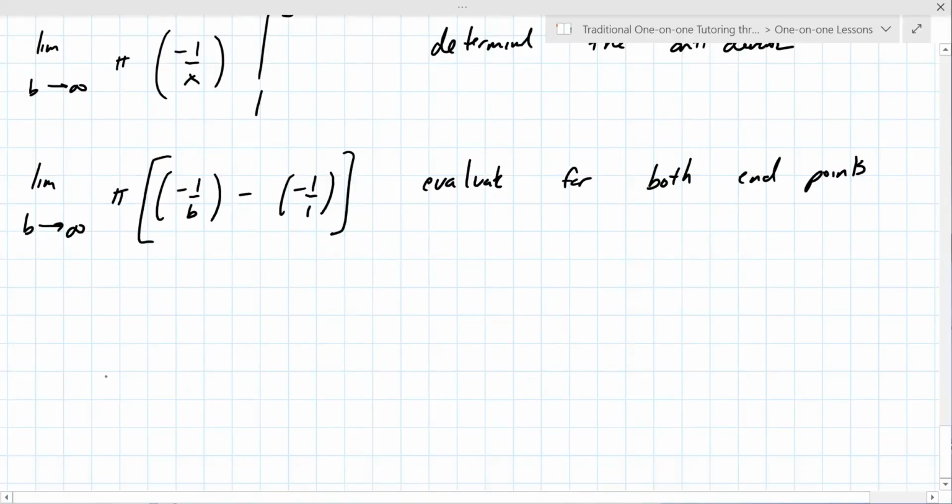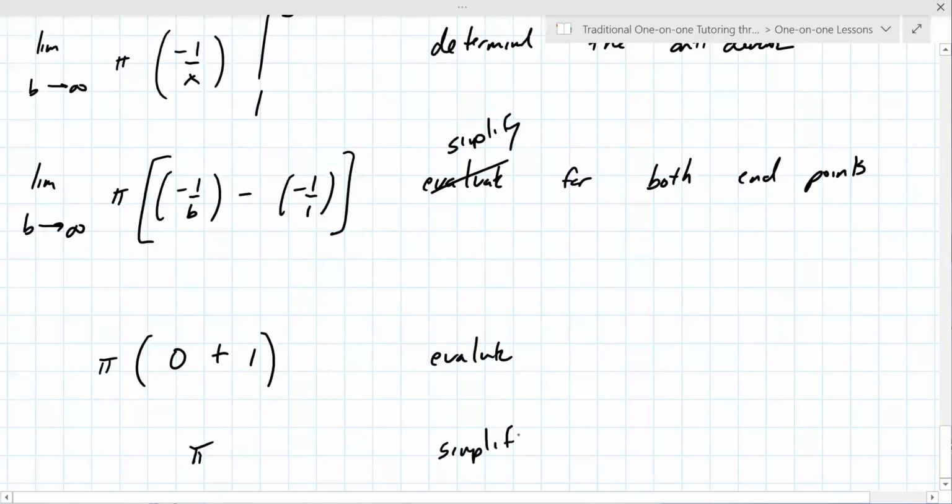So you end up getting pi times 0 minus, or 0 plus 1 when you evaluate. Maybe change that to simplify. So you get pi when you simplify here. Alrighty.